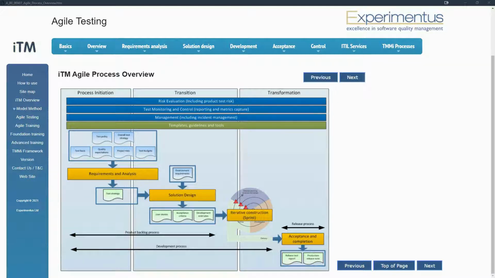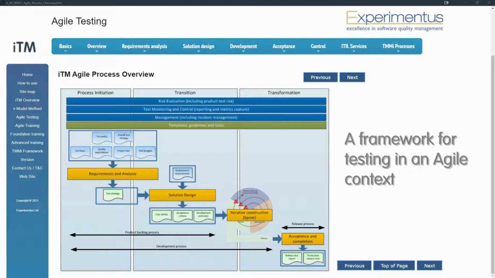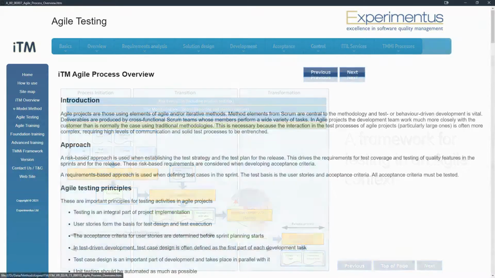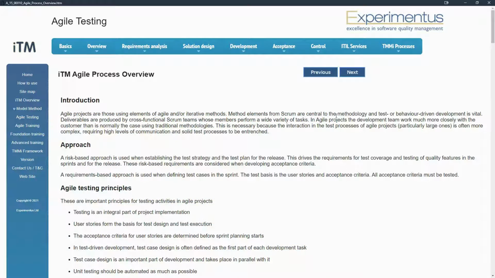Having said that, iTM Agile testing is a framework for testing in an Agile context and explains not only how testing can and should be part of the development process, but also how independent testing can be included in Agile projects. So the iTM Agile process also describes Agile development using a hybrid of the many available flavors of Agile.